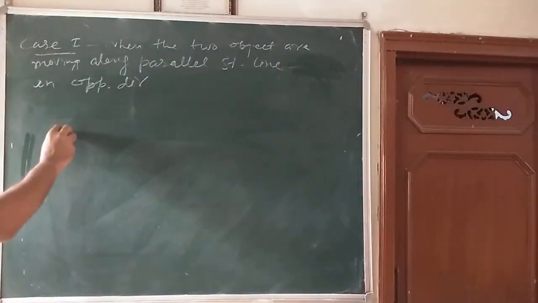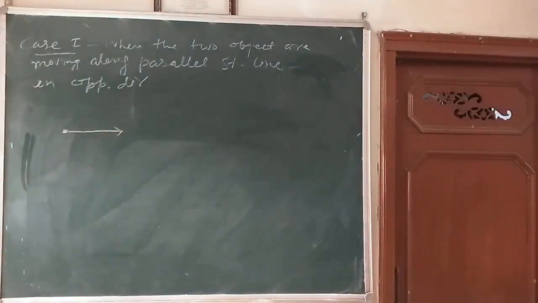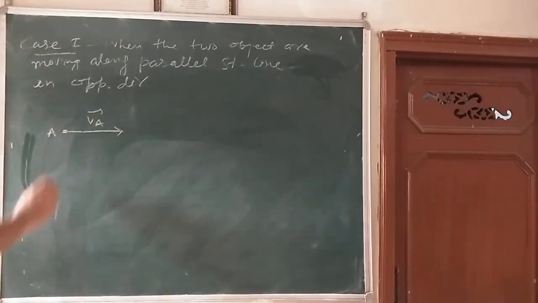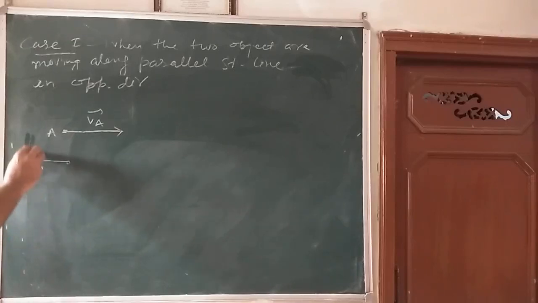Say the figure here is something like this. Here it is the velocity of A, VA, and here the velocity of B, VB.